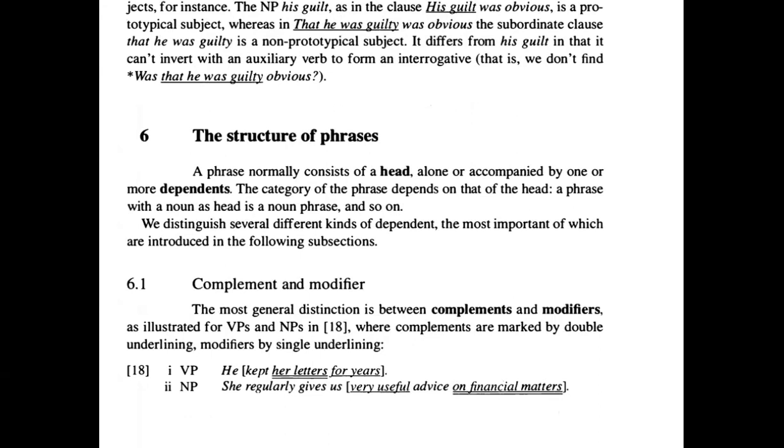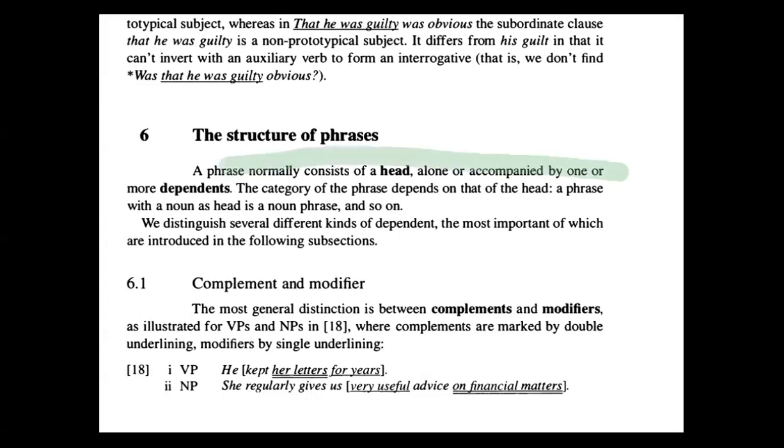So a phrase usually consists of a head, which is accompanied by one or more dependents. I mentioned that, but you should attend the lectures. So it is accompanied by one or more dependents.